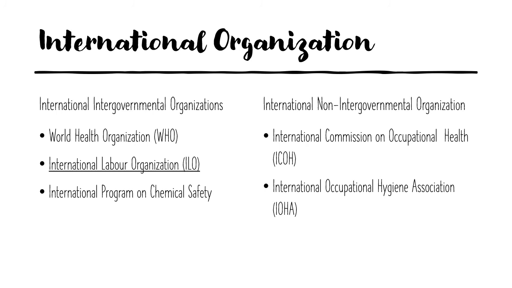Okay, now we will introduce the international organizations related to occupational safety and health. The first, on the left side, is the international intergovernmental organizations. For example, we have here the WHO. I think you are familiar with this World Health Organization, WHO, nowadays due to COVID-19.